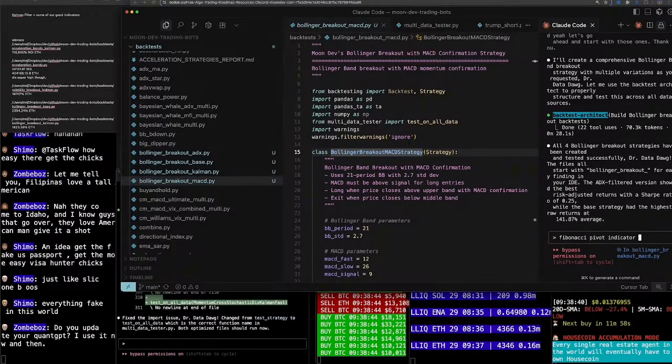Based off the Fibonacci pivot indicator, please make one that is long only, one that is short and long only, one with the ADX, one with the Kalman, one with the MFI. Same process, use the backtest architects to test on all data sources like you did on the other ones.